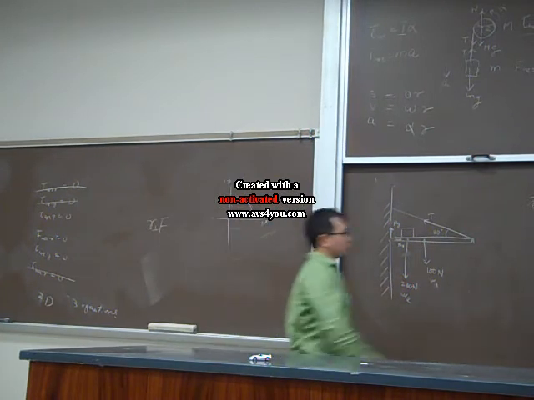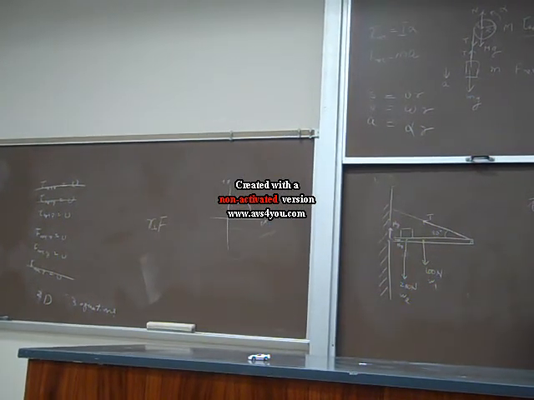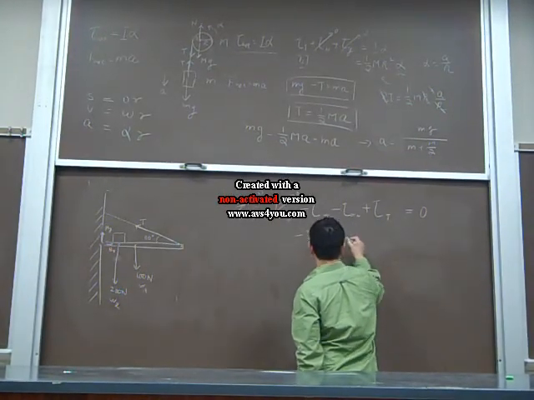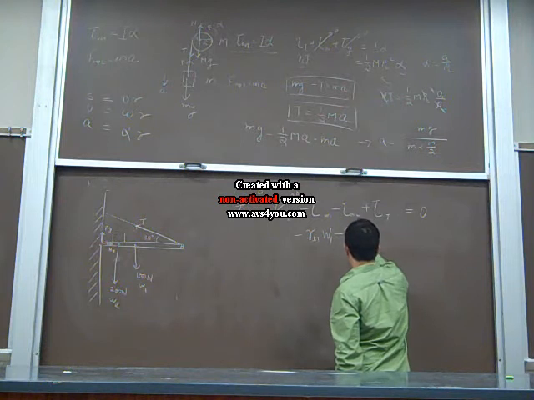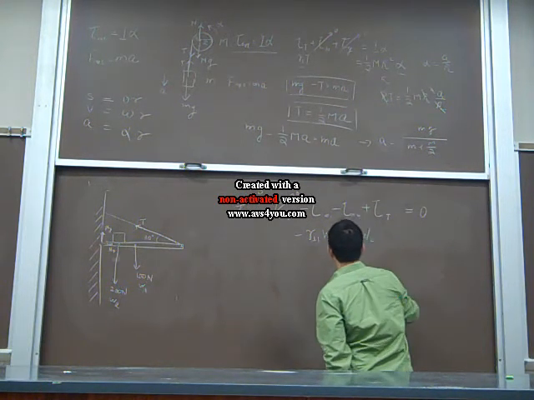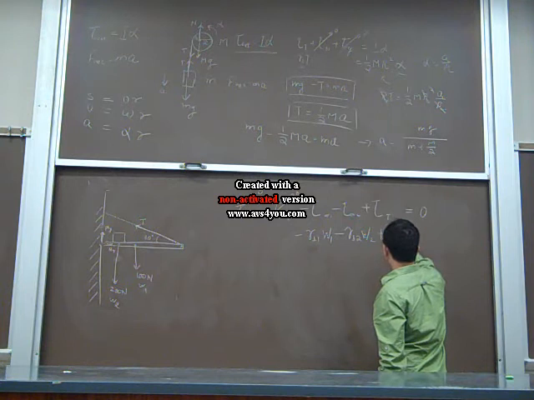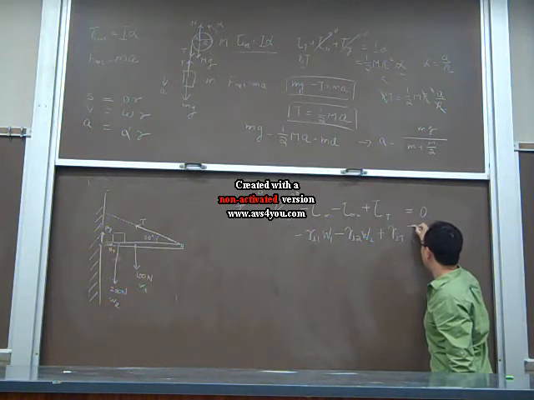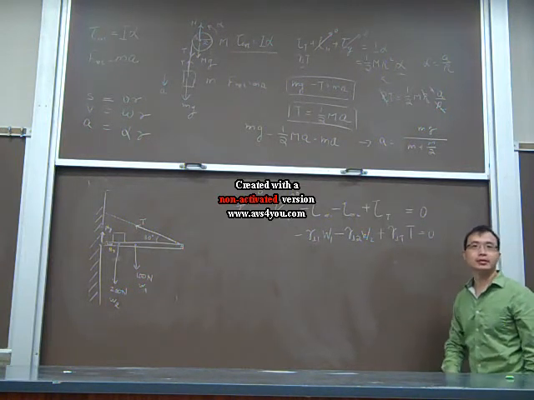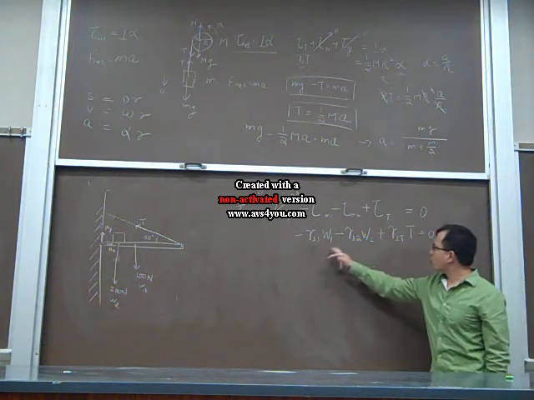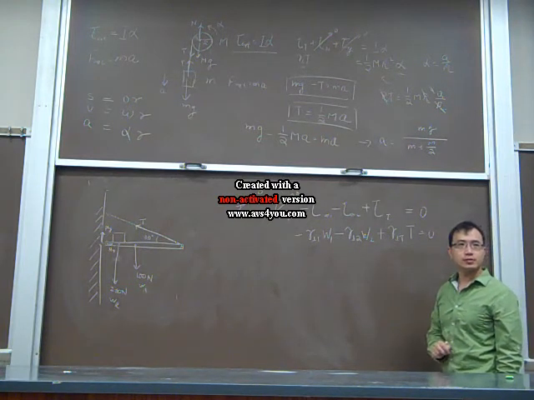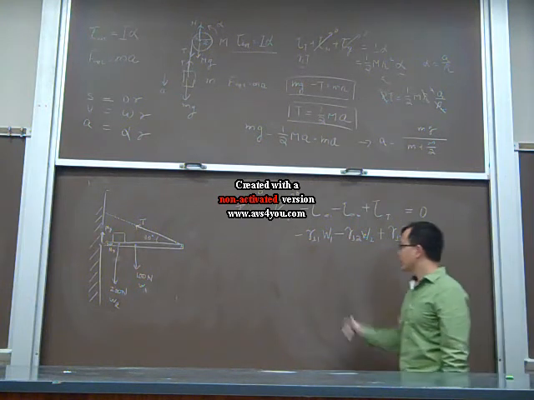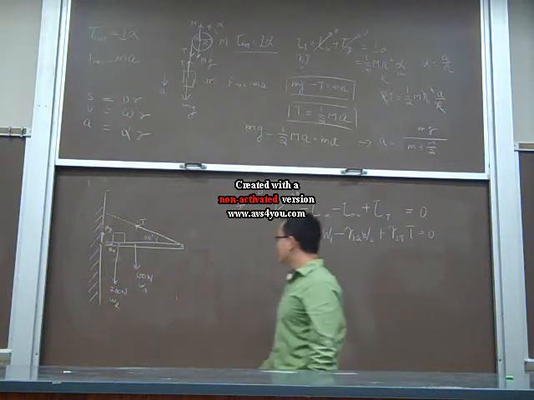So you get negative R perpendicular 1 multiplied by W1 minus R perpendicular 2 multiplied by W2 plus R perpendicular, let's call it R perpendicular T, multiplied by tension T equals 0. And we need to figure out all these perpendicular distances, the perpendicular radii, then we can calculate the tension T.